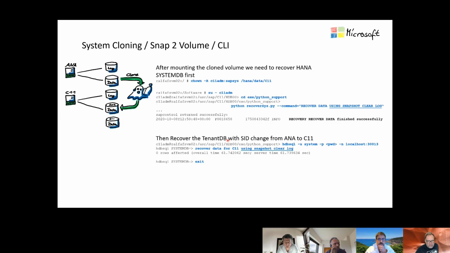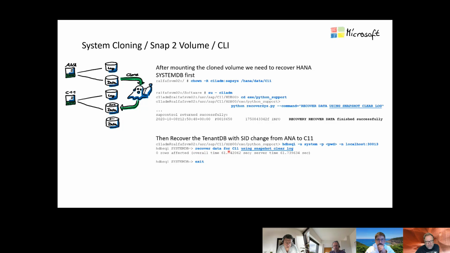Then we recover the tenant database. Here you also do not have to worry about the old SID in that volume, because you log in as system in your system database, and then you call almost exactly the same command as we have done before.